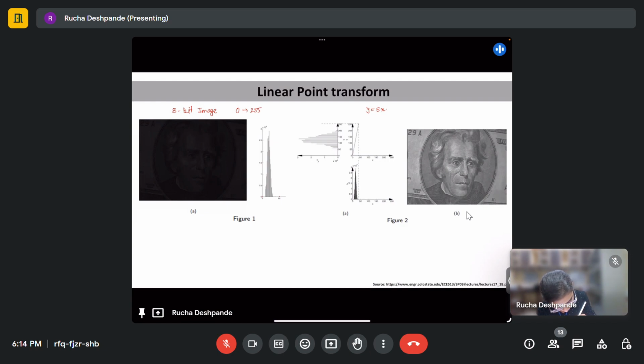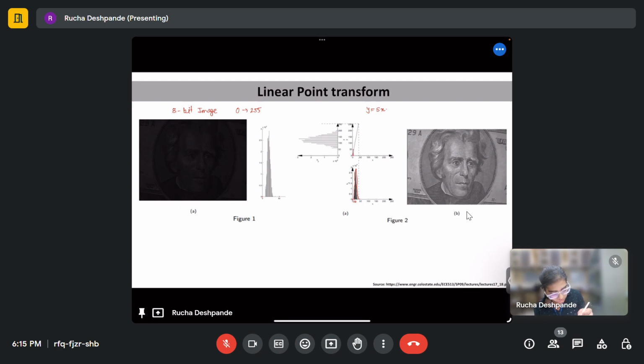So if this is my histogram in the input figure, the range of this histogram is 0 to 50, and when we enhance it 5 times, on the y-axis the range becomes 0 to 250, corresponding to every point on the x-axis. So here, let's say if this is 10, then corresponding to this 10, we will have a 50 over here.